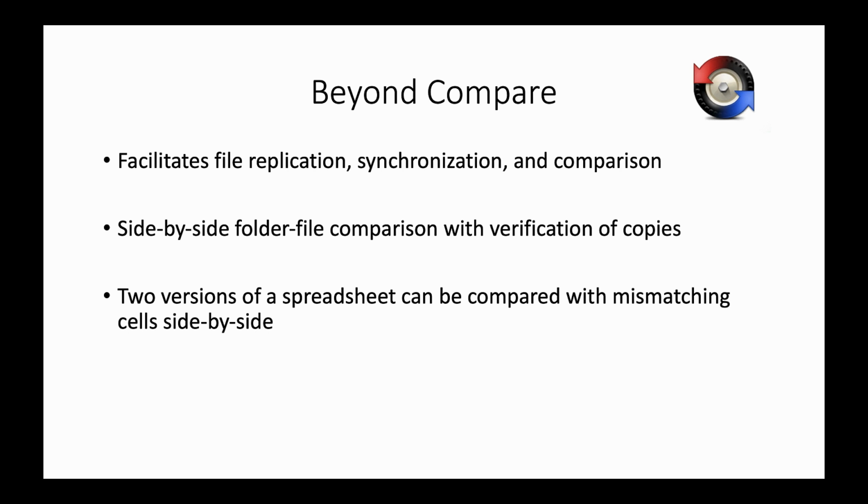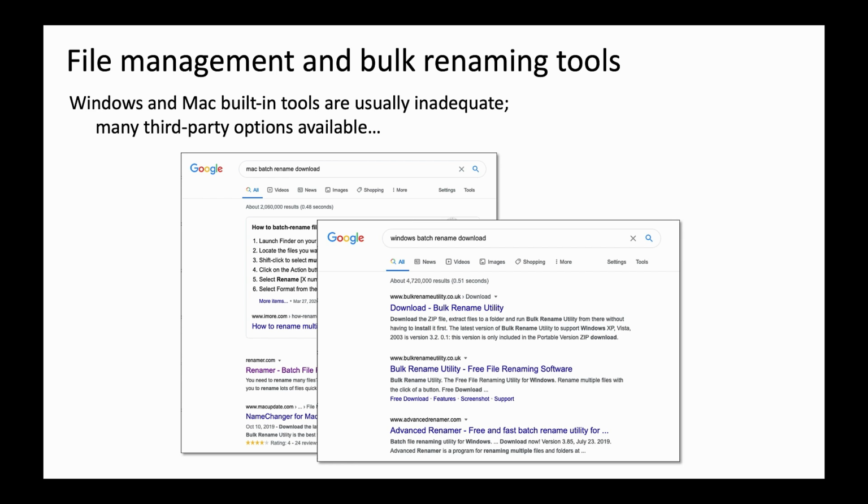cells that don't match. When you get files off of a Swift recorder or other recording unit, they often contain some information about date and time, but it can be incredibly valuable to have more information in that file name. So for example, the unit number, the full date, the site where the recording was made, maybe something about the recording settings.